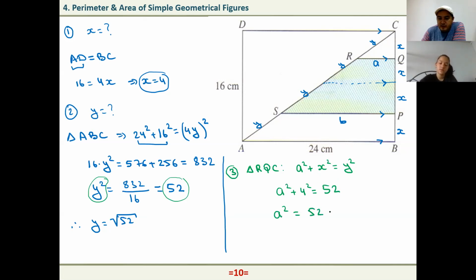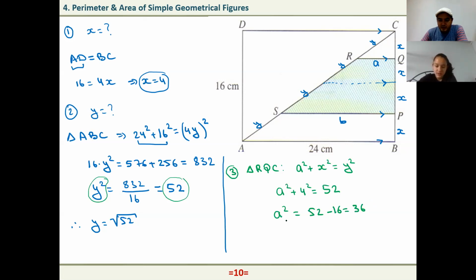Take this to the right hand side, minus 16. What is 52 minus 16? That is 36.